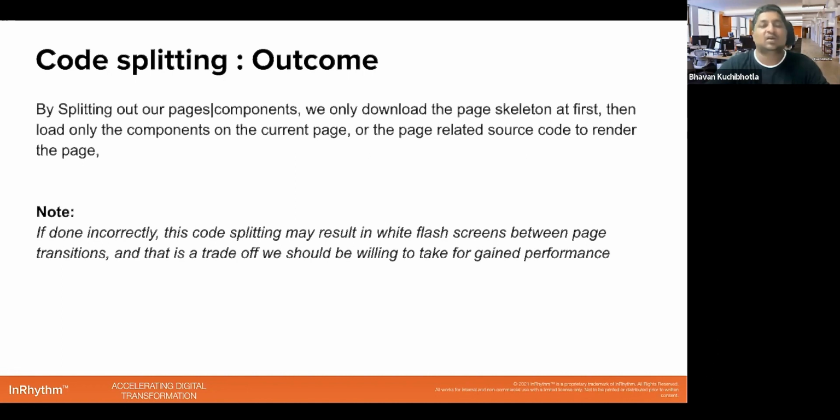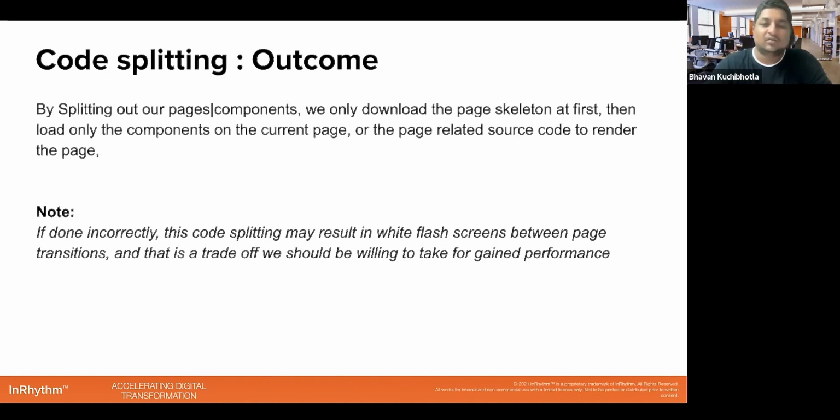But if it's done incorrectly, there is always a trade-off between page transitions. There is a chance of getting a white flash screen. But that is a trade-off which should be taken to gain performance. It's minuscule, literally a couple of milliseconds, not even in the hundreds. Sometimes it's even less than 20 milliseconds, so you can't really even perceive it.